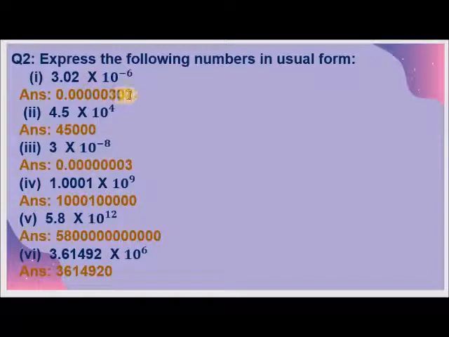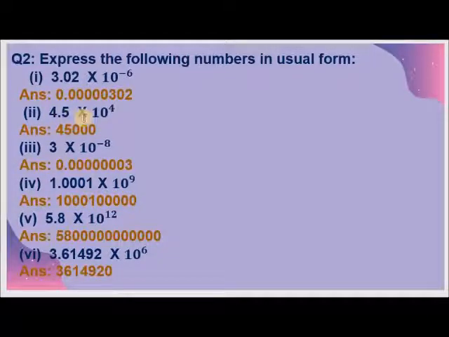So our answer would be 0.000000302, because one number is this 3 and the other 5 zeros we have to insert to put our decimal point here. Fine. Now next part is 4.5 into 10 raised to the power 4. Here power is positive, so we will shift this decimal point towards our right side.